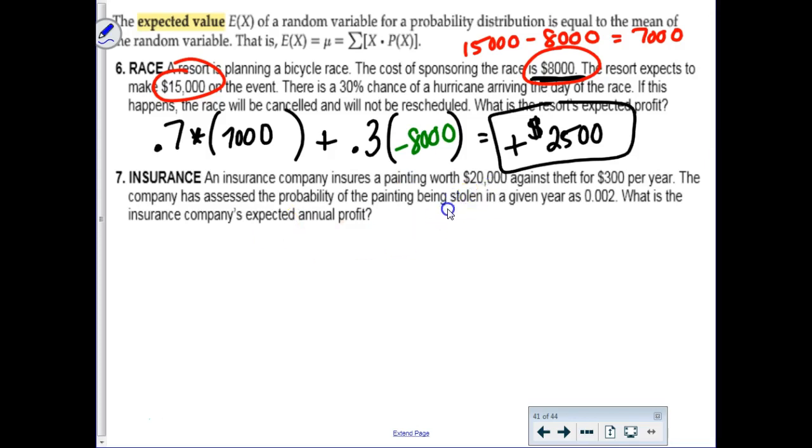So there's two outcomes. Either the painting is going to be stolen or not, right? So in the event that the painting is stolen, the probability is 0.002. Now, how much is the insurance company going to make off of you?